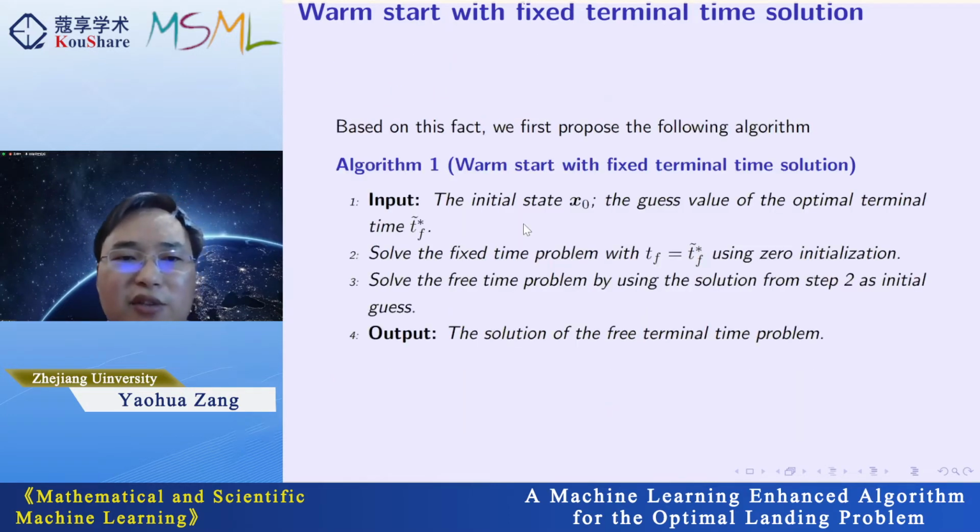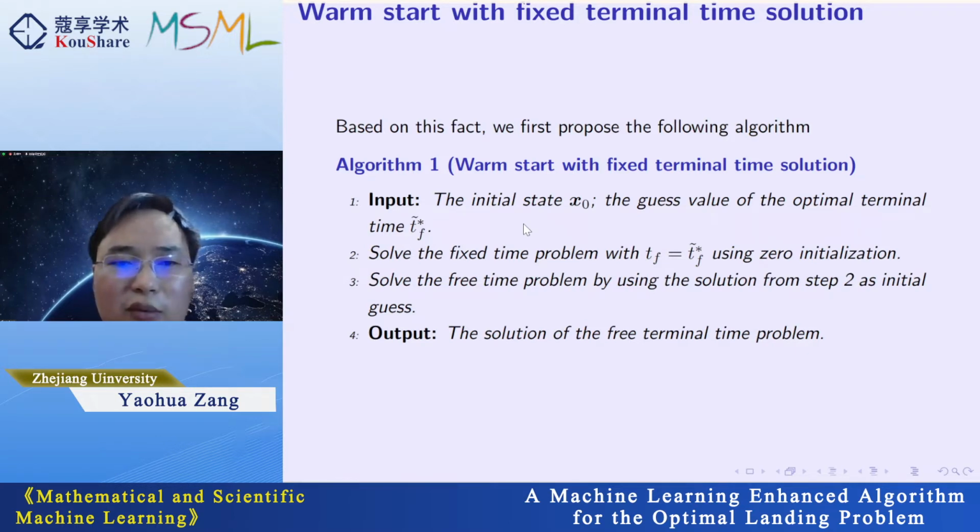So based on this fact, we can propose the following algorithm to solve the free terminal time problem. This algorithm, which we call warm start with fixed terminal time solution, is given an initial state x0 and an initial guess of the optimal terminal time tf started.